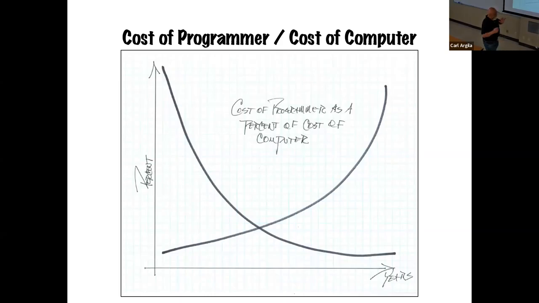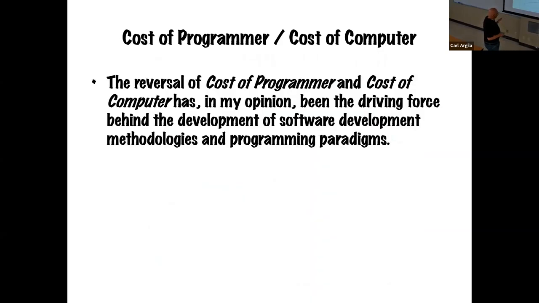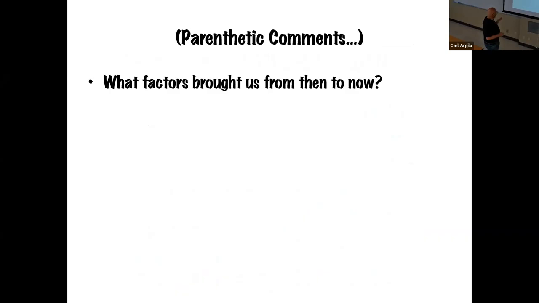All of that happened over my lifetime due to a whole bunch of factors that brought us from then to now. And none of these are part of my lecture today, which is technically on object-oriented programming. However, I think it's useful if I bring up parenthetically just a few of the factors which, in my opinion, brought us from then to now.